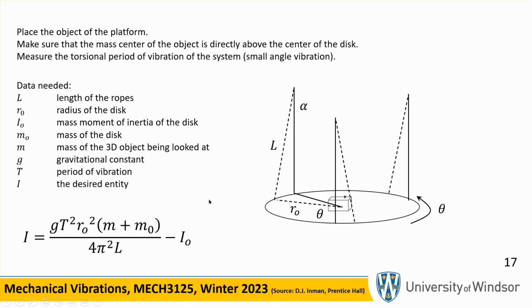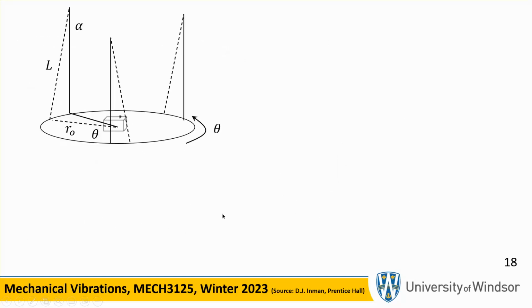And how do we get this? Where does this thing come from? Let's go ahead and look at this thing one more time. I've drawn it here for your convenience. If you look at this setup, this originally vertical cable, I'm looking at one of them, this vertical rope or wire, is tilted a little bit. It's gone through an angle alpha, and of course the disk has rotated by the angle theta.